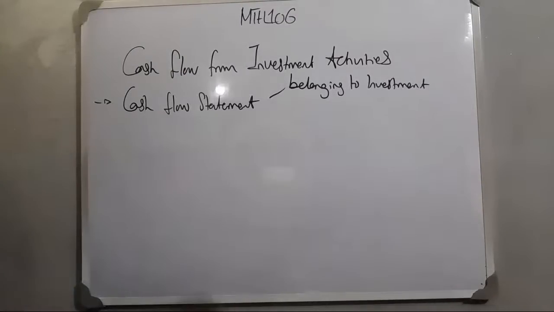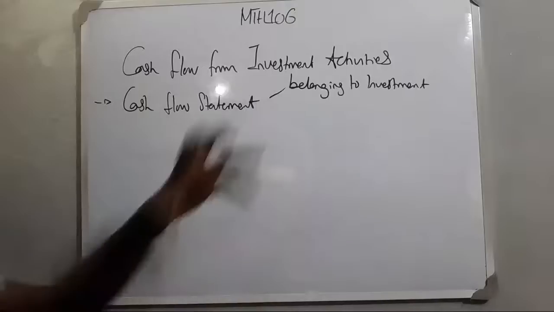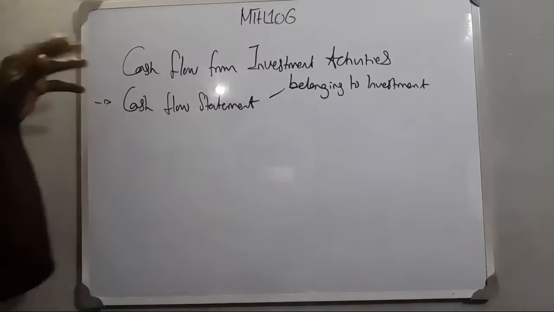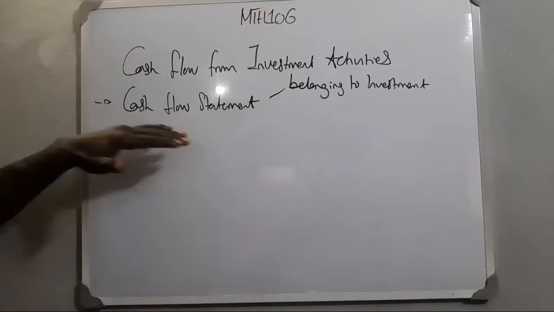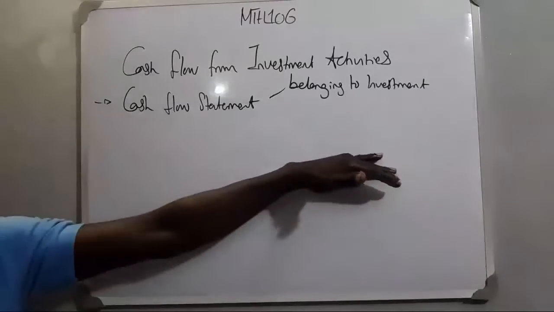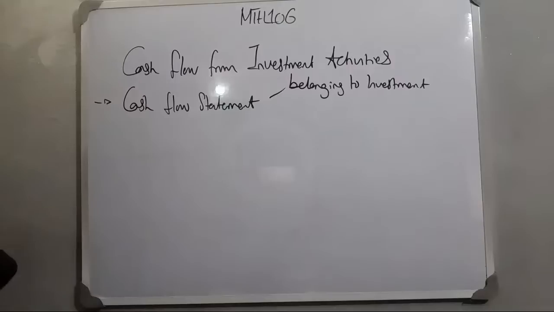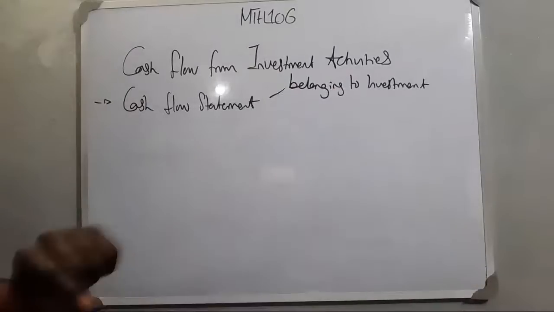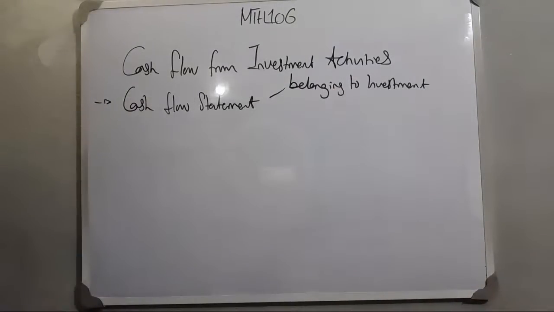So just like I was saying, any item that shows on the cash flow statement can only be as a result of what? The activity of investment, whether loss or gain.